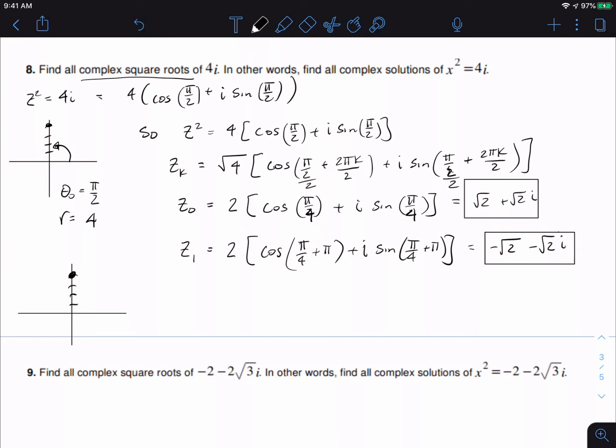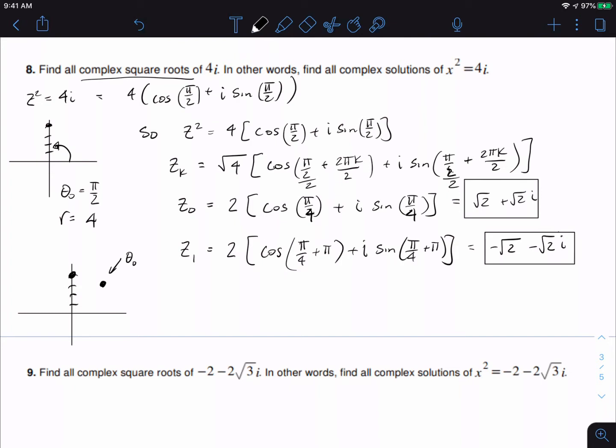So that's going to put us right over here. And this is now going to become our theta naught. Okay?